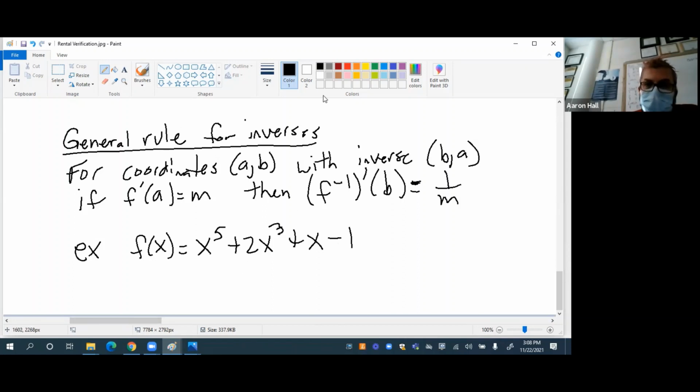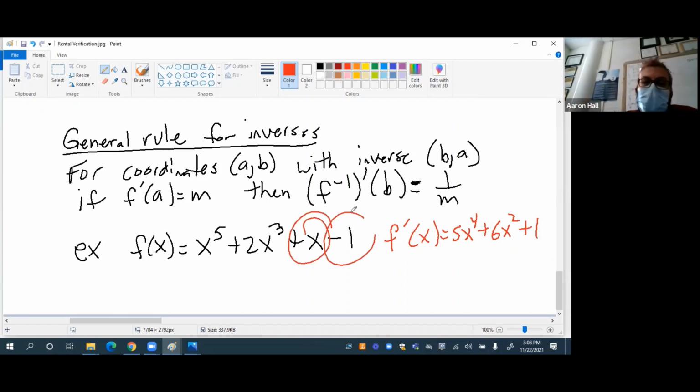The derivative of this is what? 5x to the fourth plus 6x squared plus 1 plus 0. Yep.